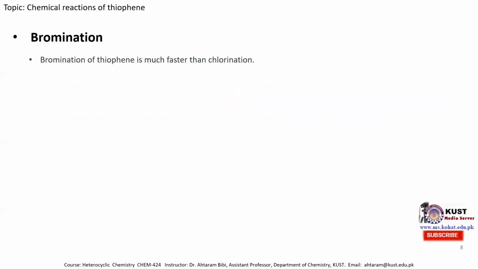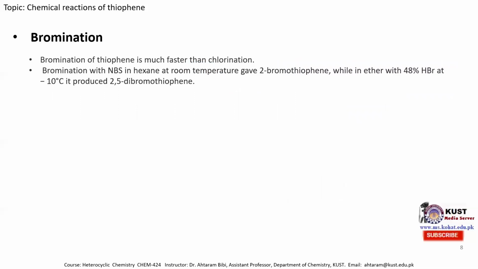Next is bromination. Bromination of thiophene is much faster than chlorination. Bromination with N-bromosuccinimide in hexane at room temperature gives 2-bromothiophene, while in ether with 48% hydrogen bromide at minus 10 degrees centigrade it produces 2,5-dibromothiophene.